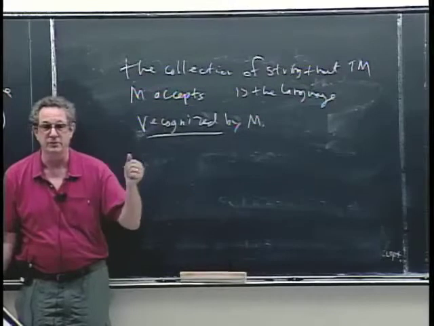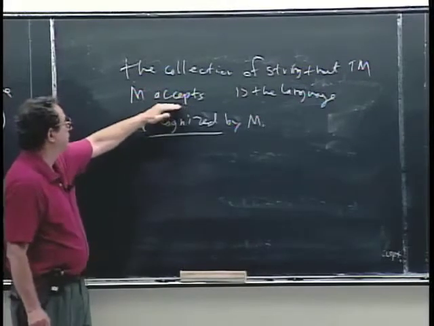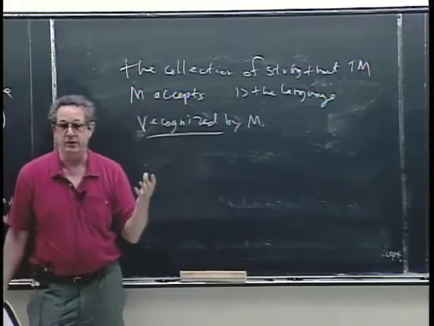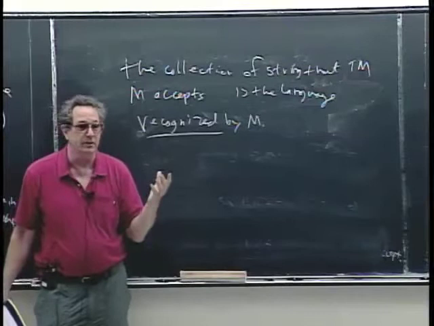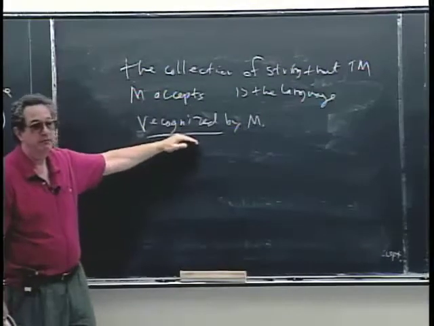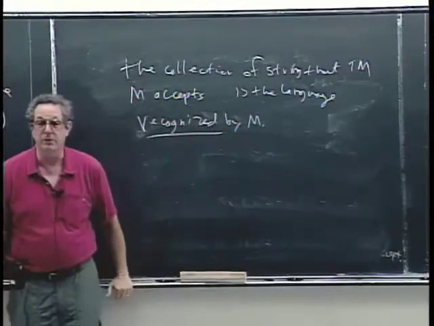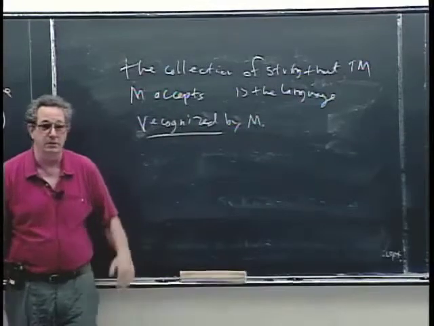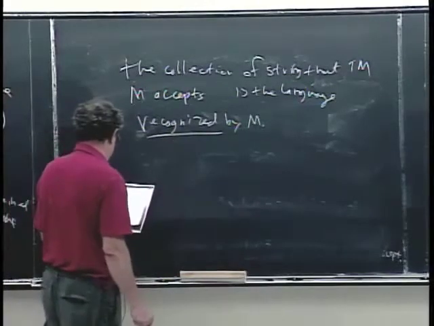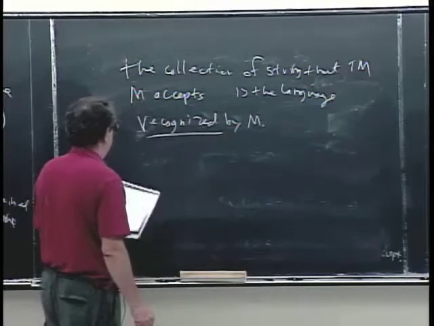It just goes forever. But the collection of strings that M accepts forms a language. Language we defined early on is just a set of strings. That's a set of strings that's recognized by M, even if M has the property that on some input it just goes forever. That's still defined.